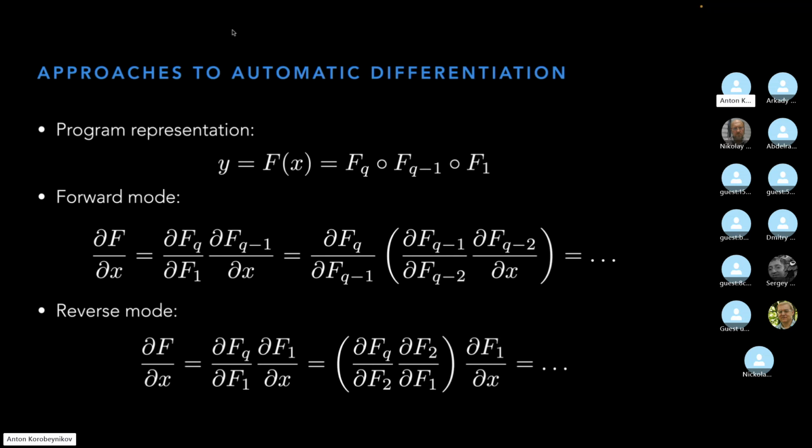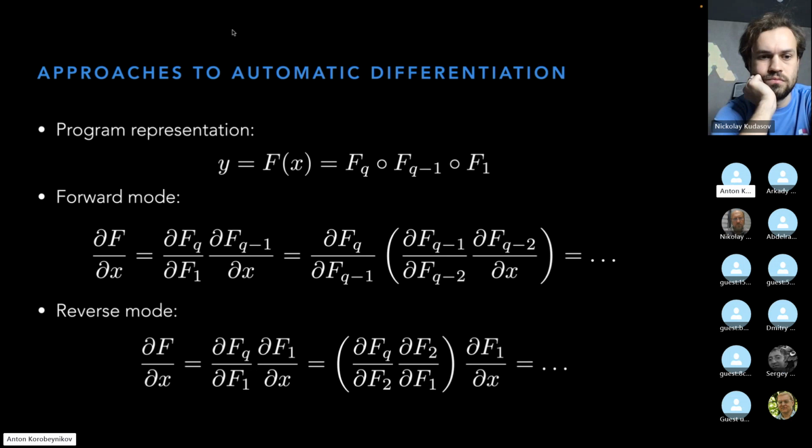And there are two common styles of automatic differentiation in the traditional sense. Actually there are more, but that is the whole spectrum of things. The so-called forward mode automatic differentiation starts with the partial derivatives at inputs, and then ends by computing partial derivatives at outputs.